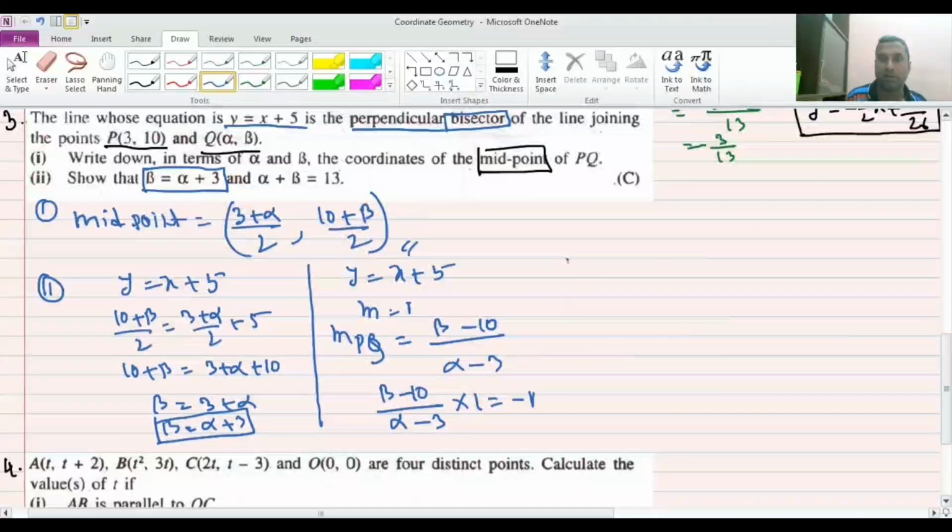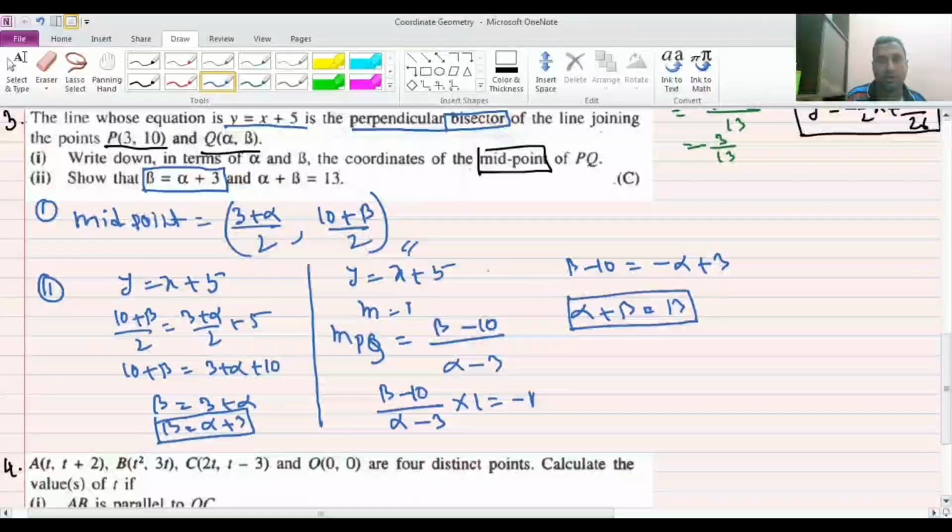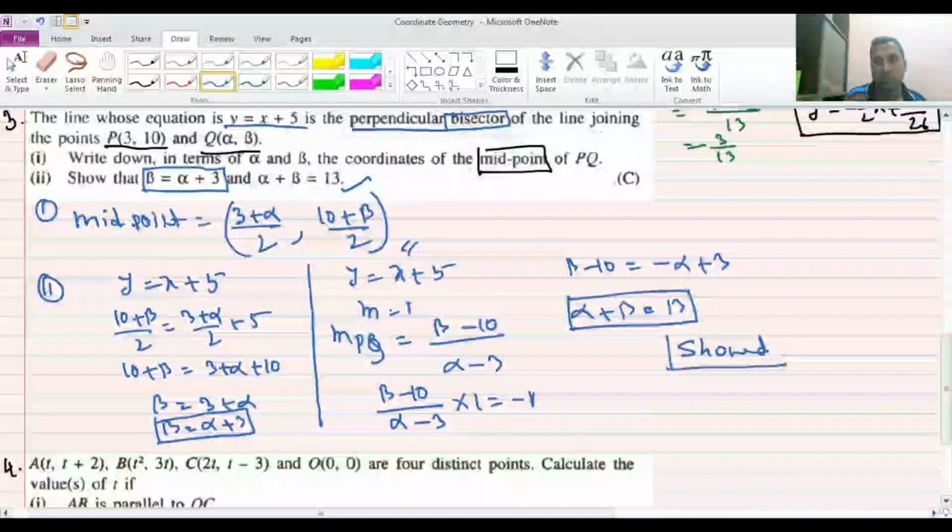Let me simplify: β − 10 = −α + 3. So α + β = 13. This is already shown here. Okay, so we have completed that one.